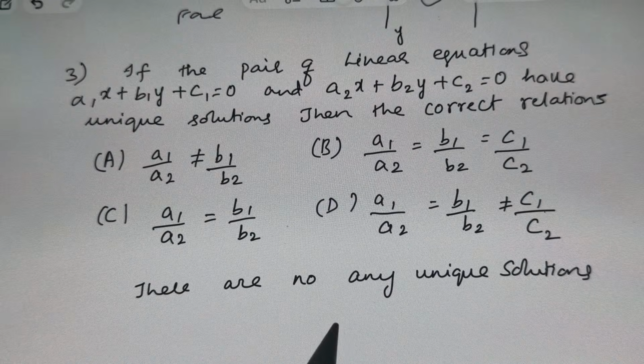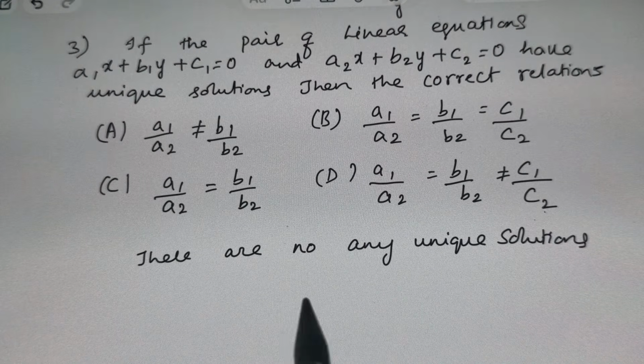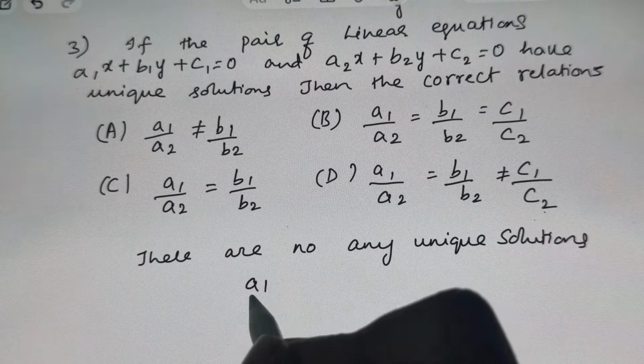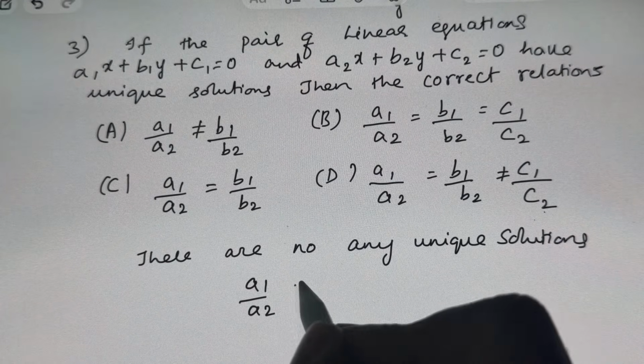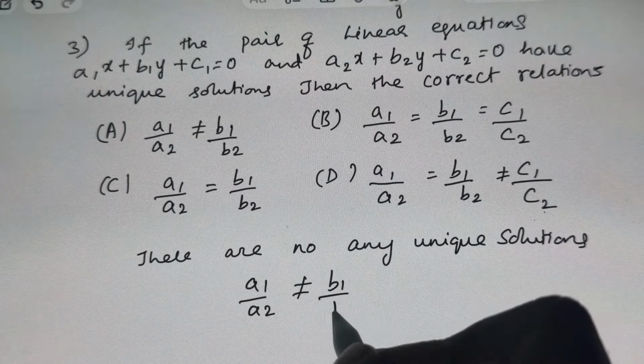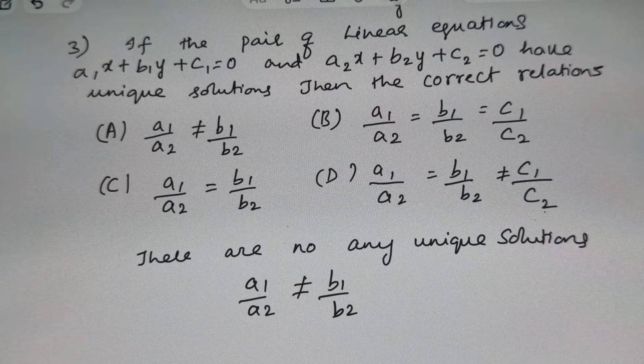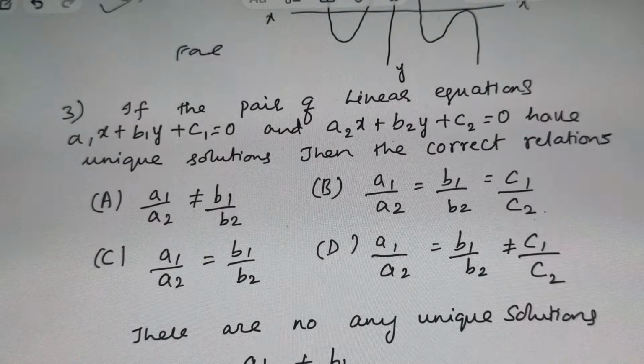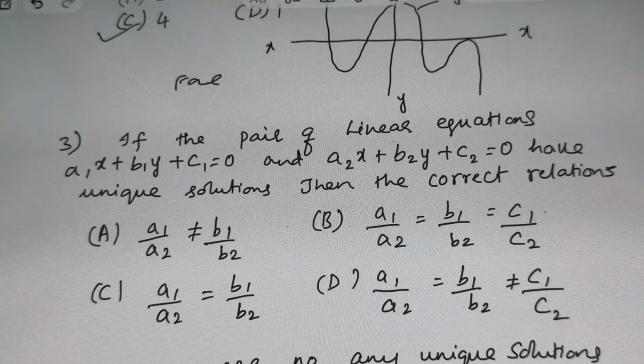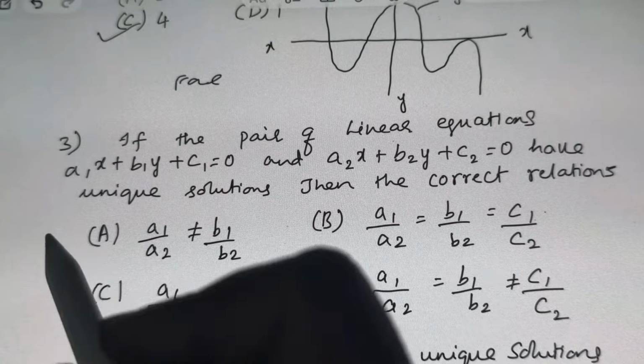Therefore, the correct relation here is a1 by a2 is not equal to b1 by b2. So from here it is clear that the true answer is A. So here you have to tick A.